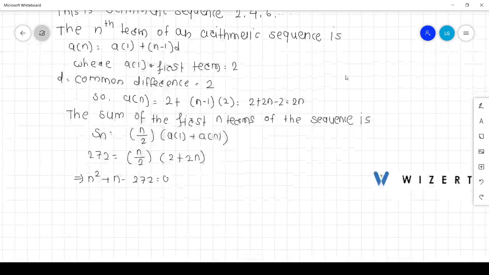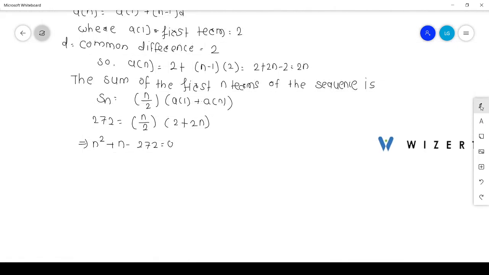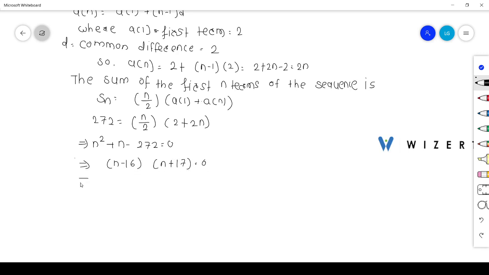So, by using the formula for the roots of a quadratic equation, we will get the factors like n minus 16 and n plus 17 equals 0. That is, n equals 16 and n equals minus 17.